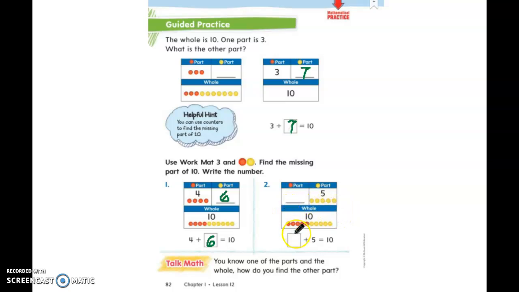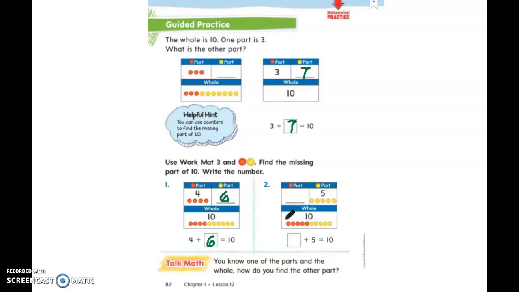All right, now let's look at our next one. Here, down here again, we have our whole, which is 10. And this time they gave us our yellow counters. For our yellow counters, it says we have 5. Now, if we look down in our number sentence, there's our 5, which is our second part. Now, this time we are finding our red counters, which is our first part. They took our first part out. So we are missing red counters.